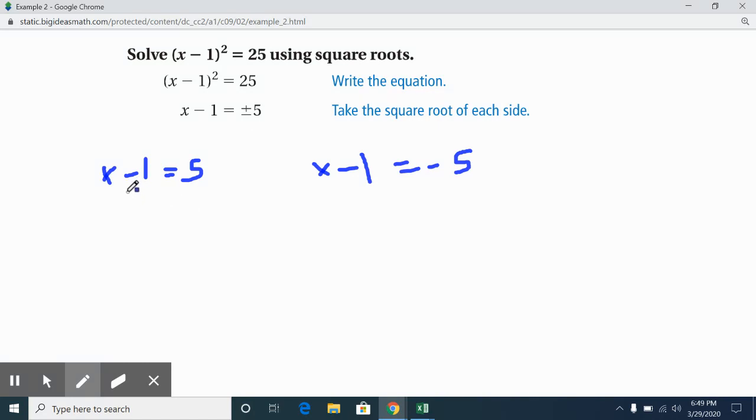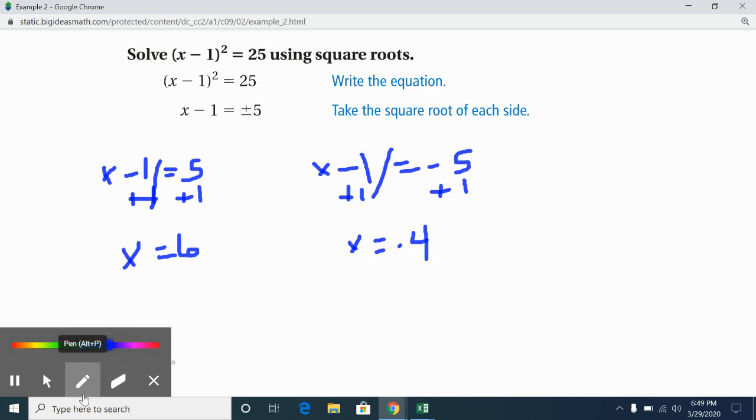It's as simple as that. I'd add 1 here and get x equals 6. And I'd add 1 over here, same thing, to get x equals negative 4. So this is just another way to look at it.